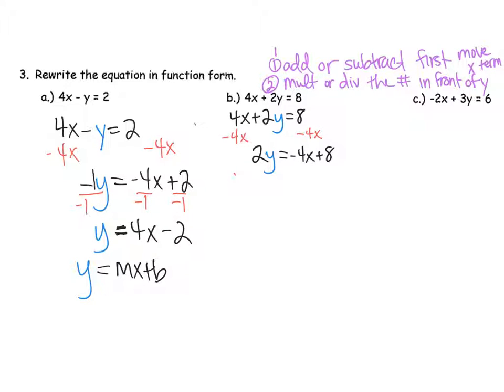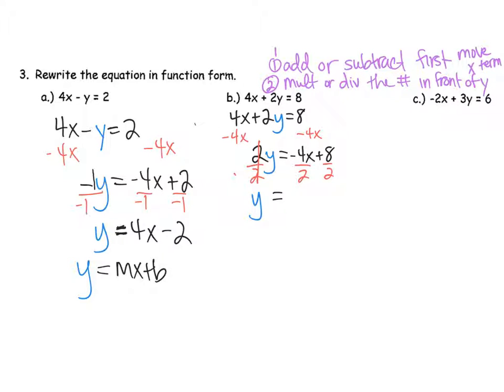Okay, and I heard what you said. Divide everything by 2. Don't forget anything. All 3 things get divided by 2. Y is now alone. 2 over 2 is 1. I don't write a 1.